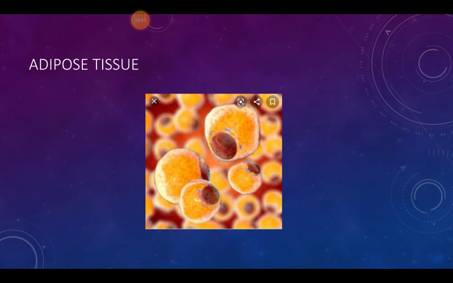Location of adipose tissue: it is present below the skin and between the internal organs. Function of adipose tissue: it stores energy in form of fat. It acts like a cushion and protects the internal organs.